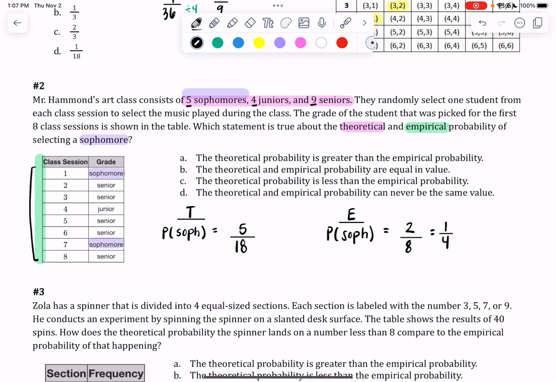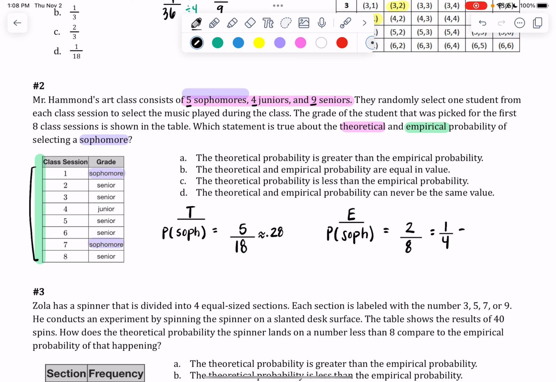And if you're ever having a hard time comparing fraction probabilities to see which one's larger, just turn them into decimals. To turn a fraction into a decimal, you do numerator divided by denominator. So 5 divided by 18 is about 28%. I said I was going to do a decimal, not a percent, but about 0.28 or 28%. It's the same thing.